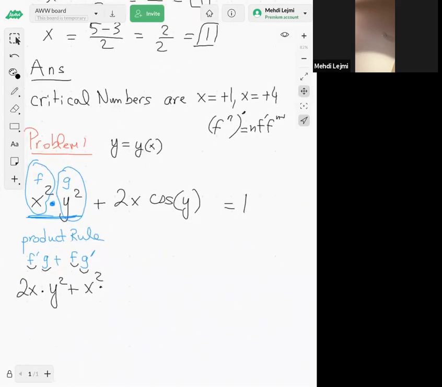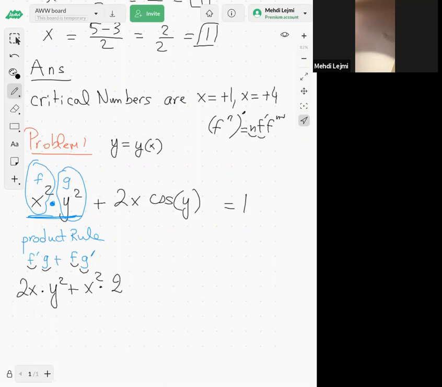Right? So the derivative of y squared: my n is equal to 2, the power exponent is 2. So 2 times n f prime. Here I don't have f, I have y. Anyway, y or f, both are functions, right?